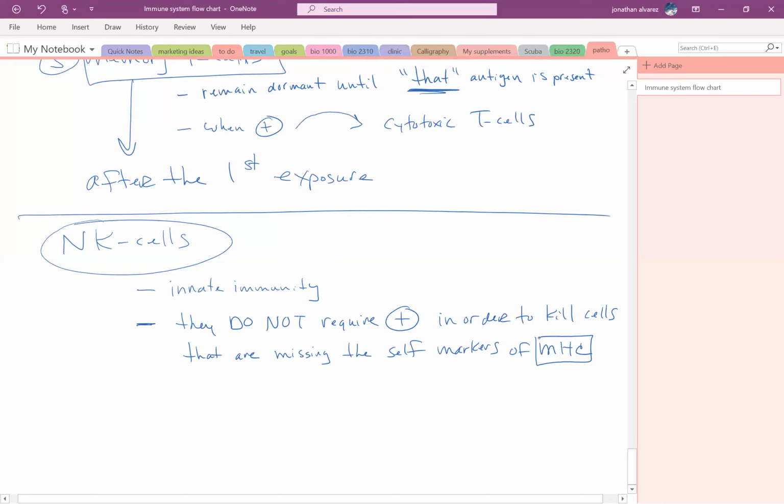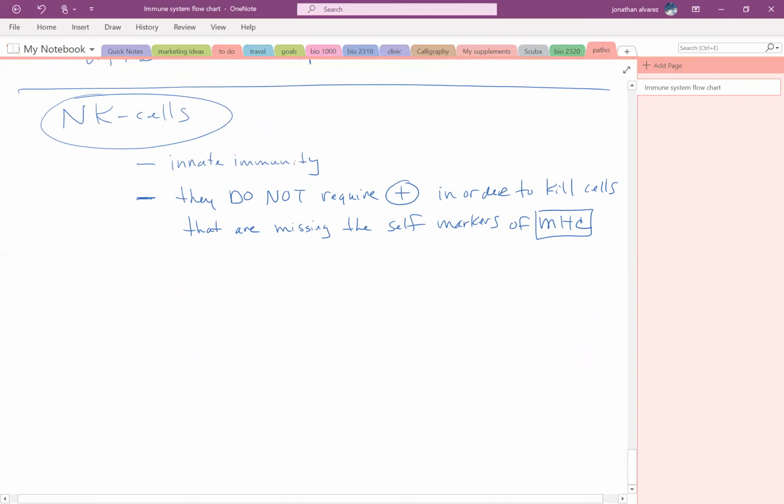Okay, I'll explain that in a minute. So they do not require activation in order to kill cells that are missing the self markers of major histocompatibility complex.